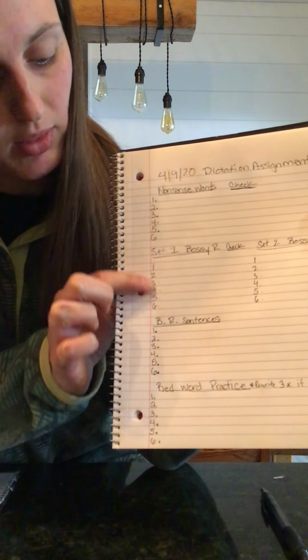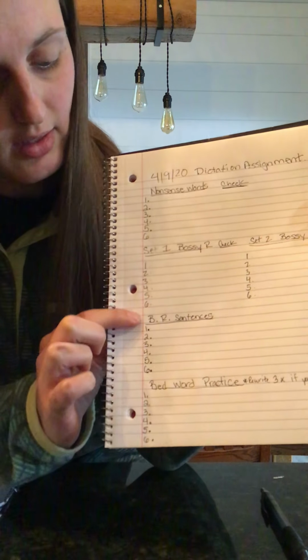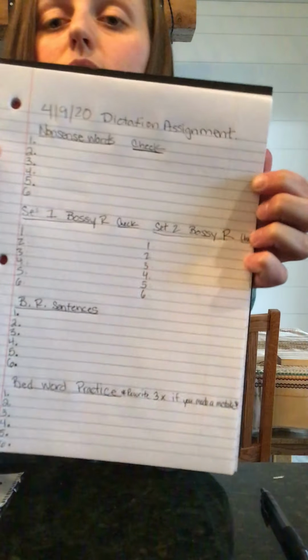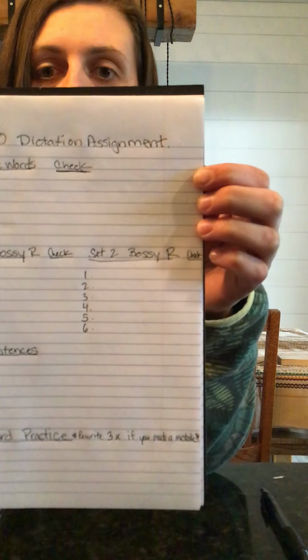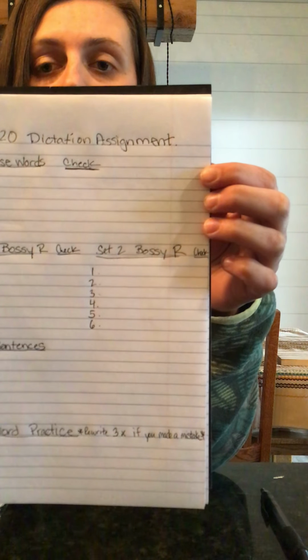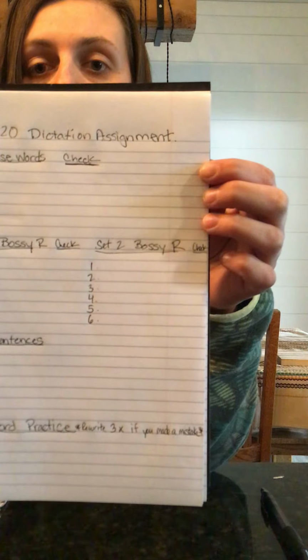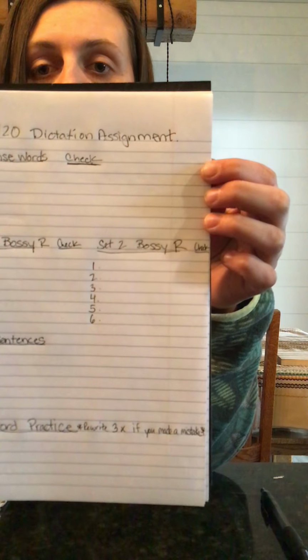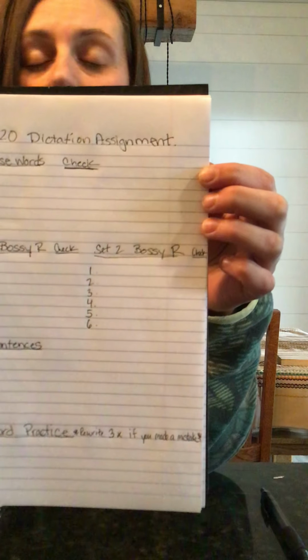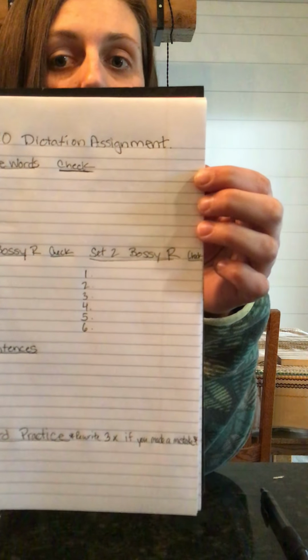So label 1 through 6, 1 through 6. We're going to do some sentences and then some red word practice. So take a look at this. I would pause this, get this set up, and then we are going to begin. Okay? So get a piece of paper, a pencil out. Make sure it's a pencil, not a pen, because you will be going back to fix your mistakes.